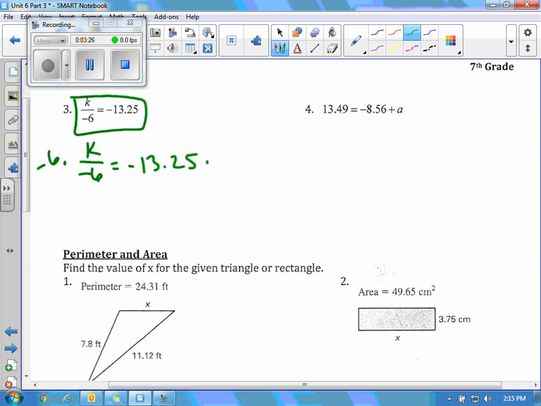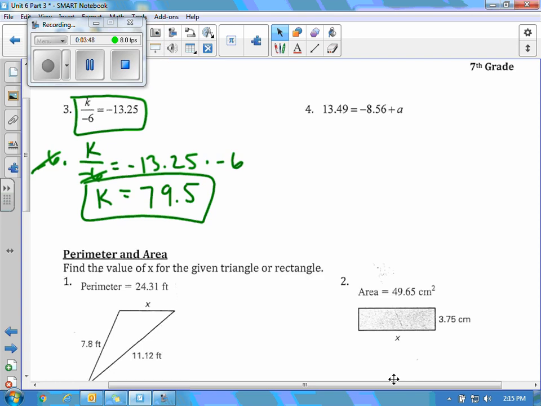We're going to multiply by our denominator. So on the left side, these negative 6s cancel out. I just have k. On the right side, I'm doing a negative times a negative, so I know my answer is going to be positive. And if you multiply this together, you're going to get 79.5. So that's my answer there. I'll go ahead and leave number 4 for you guys.